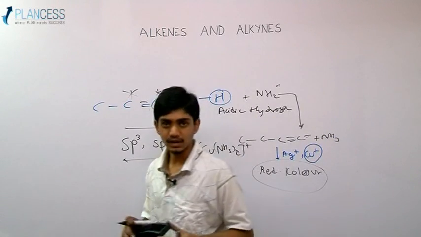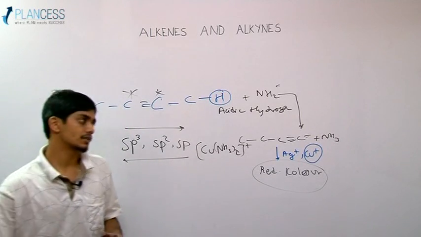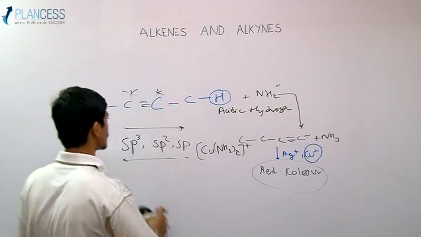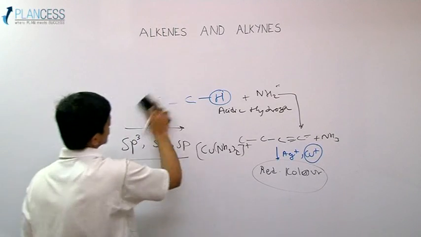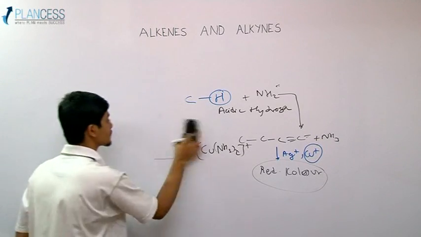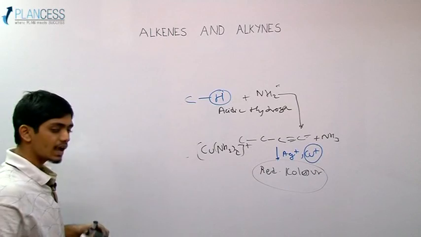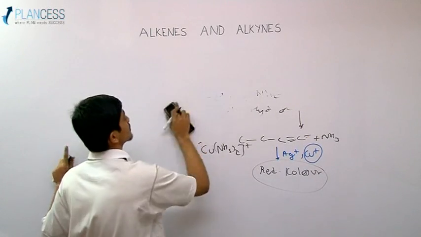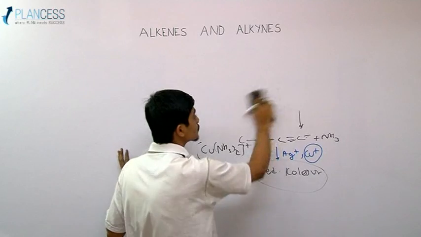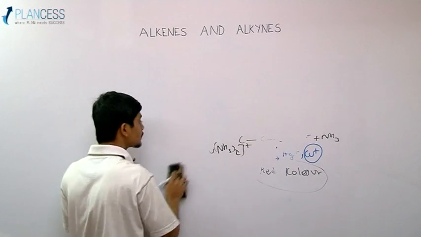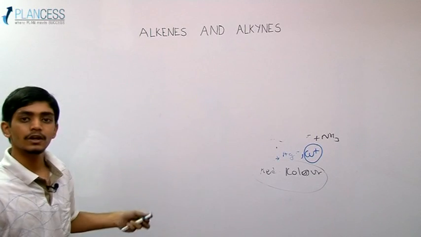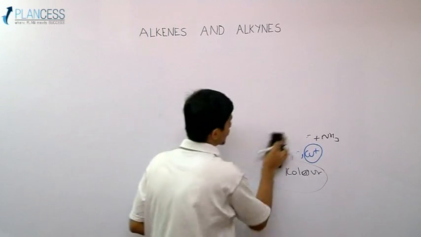Now for further chemical properties, let us see what the difference is between the structure of alkynes and alkenes. The basic structure is that alkynes contain a triple bond. That is, they have an additional pi electron density compared to alkenes. So whatever reactions we have studied for alkenes, if we do one more time the same reaction for alkynes, you will get the chemical properties of alkynes.